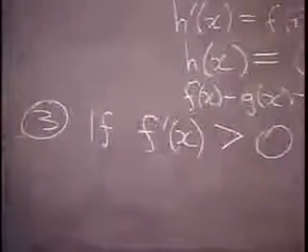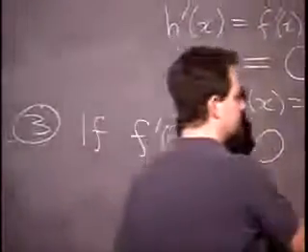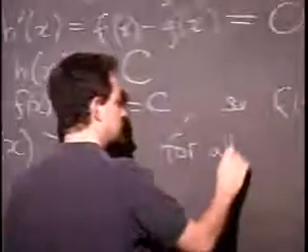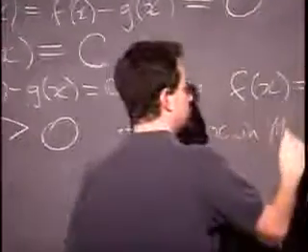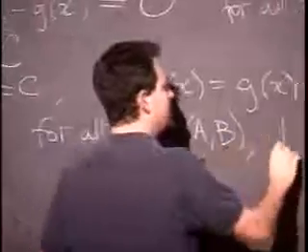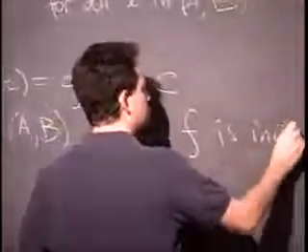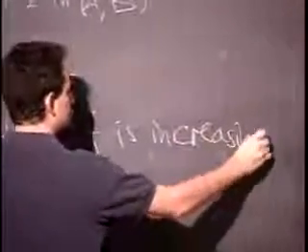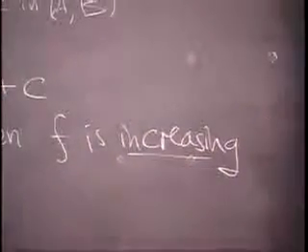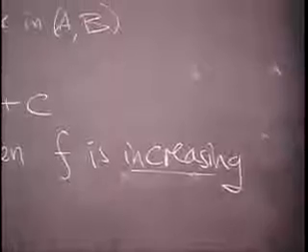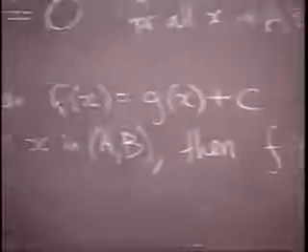If f prime of x is always positive, then f is increasing. If f has a derivative that's always positive, then f is always getting bigger. Okay, that is actually a really useful fact. We're going to use this in graphing. We've said it before. Why is it true?